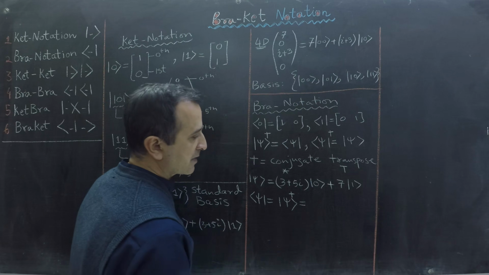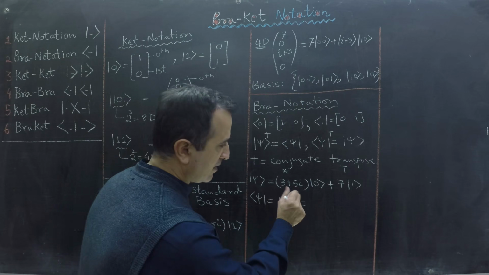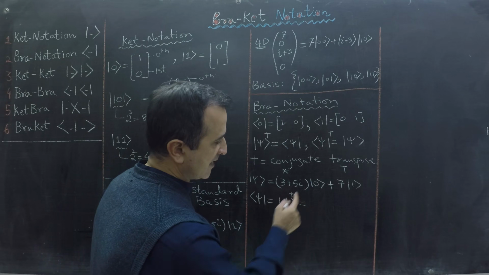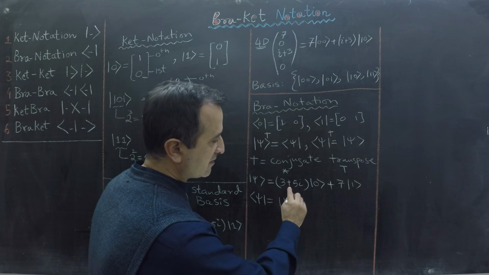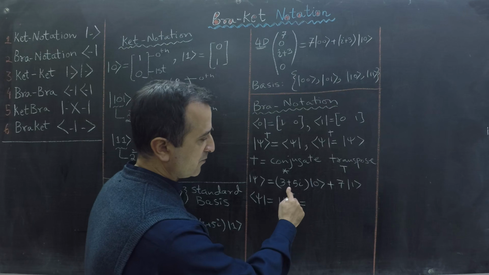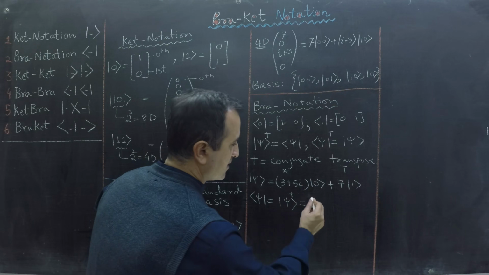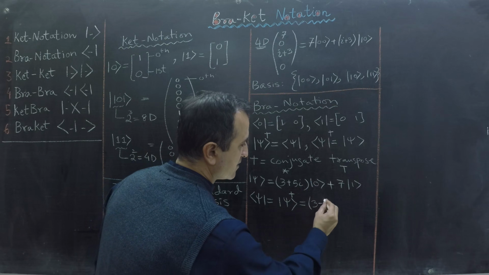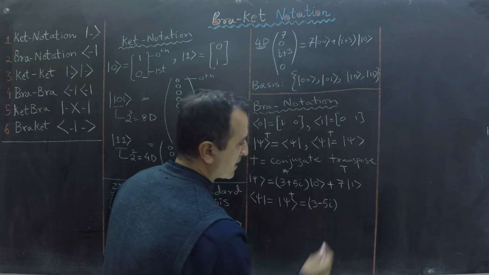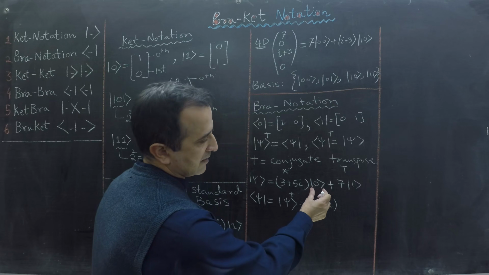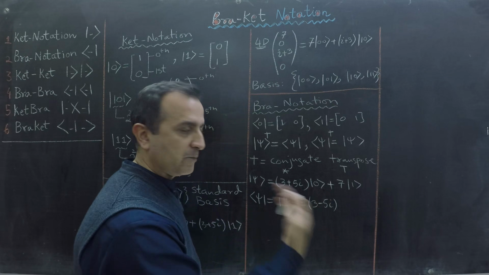To that end, I will change the sign of terms having iota in them. That means this plus will convert into minus because 5 iota has iota in it. So I will get 3 minus 5 iota, and this Ket 0 will become Bra 0.